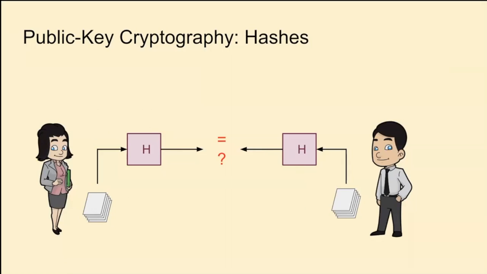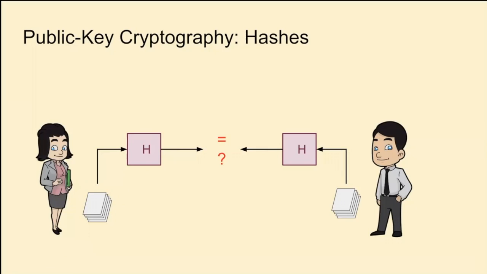Another use of hashes is to preserve privacy, because the value of a hash doesn't tell you anything about the contents of the original document. So if Alice and Bob, for example, are both doctors or medical practices, and they start to think that there's a group of patients that are coming to both of them, they would like to know if this is true. They want to avoid double prescribing medications, things like that.